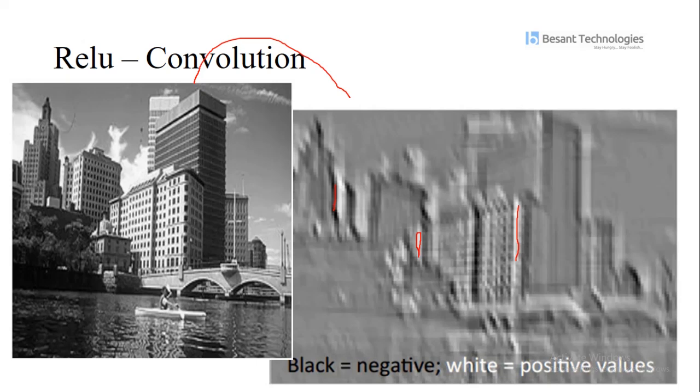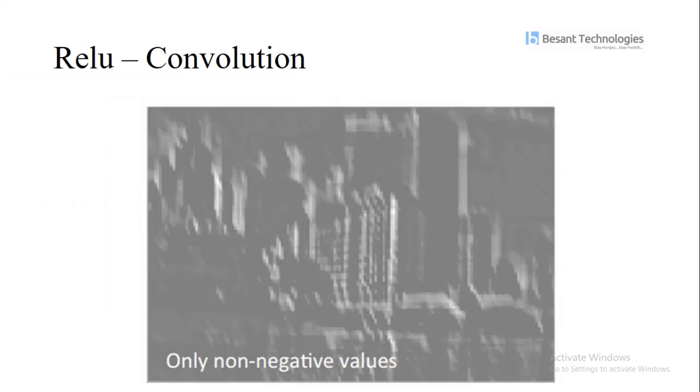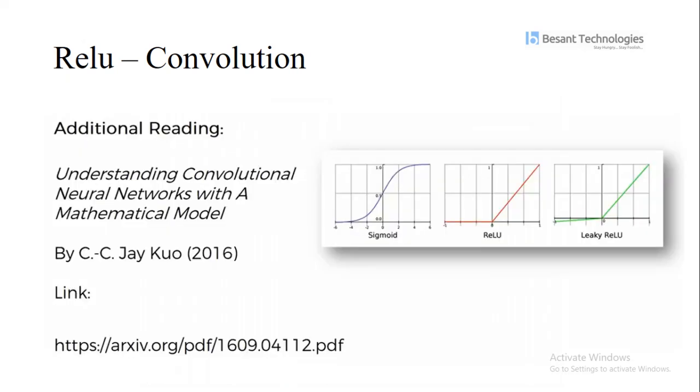The remaining gray values all come within the range of 0 to 1. Now we only want to get the non-negative values, that is, values which are not less than zero. So we will be getting values from 0 to 1. This is how your ReLU works.